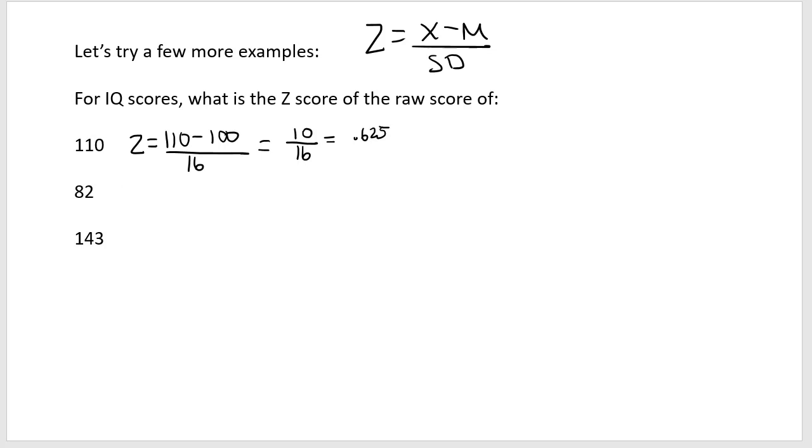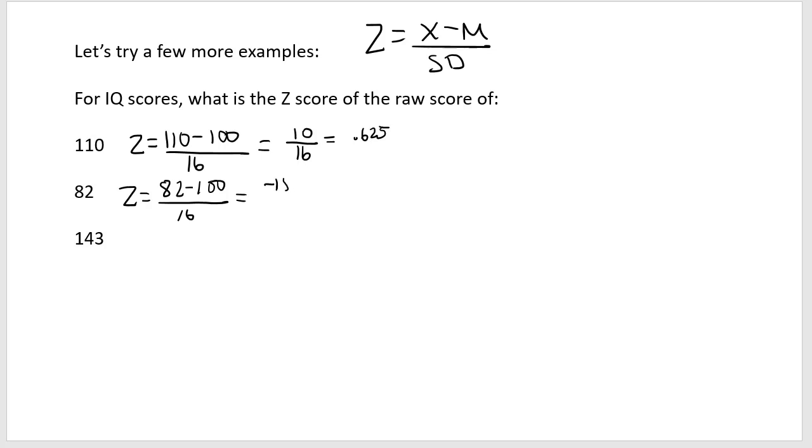Same formula. z is equal to 82 minus 100 divided by 16. So we're going to find out how far away the score is from the mean and divide it by the average distance that all the scores are from the mean.